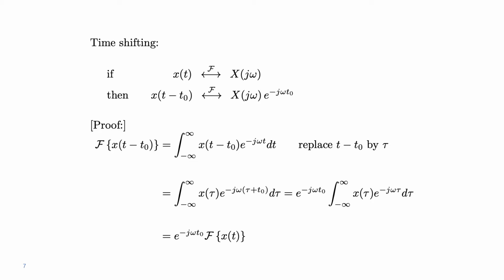And the term e^(-j omega t0) does not depend on tau and can be taken out of the integral, leaving this term multiplied by the integral of x of tau e^(-j omega tau) d tau, which is nothing but the Fourier transform of the original signal x. And therefore, we get the relationship we were looking for, the Fourier transform of the shifted signal is given by the Fourier transform of the original signal times e^(-j omega t0).